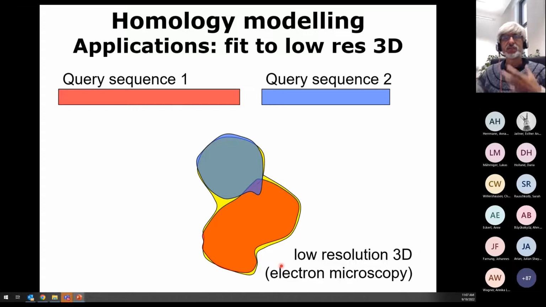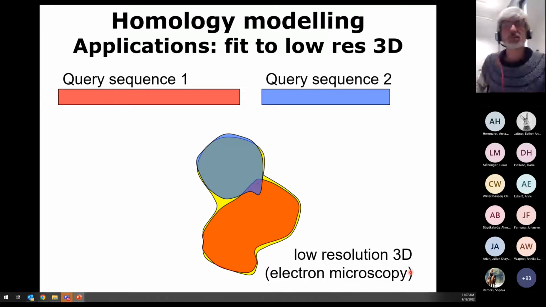And so in the end, you will have an extremely detailed model of a large complex. Thanks to electron microscopy, you could not see this because it had low resolution, but by fitting predicted structures, you can find a detailed structure of something that is very big. So this can be very helpful.